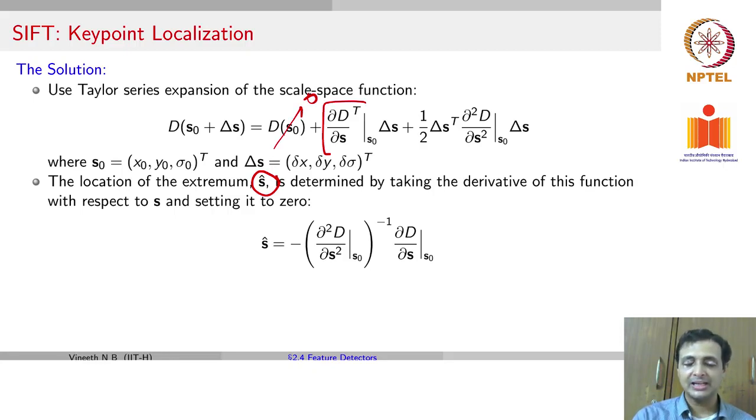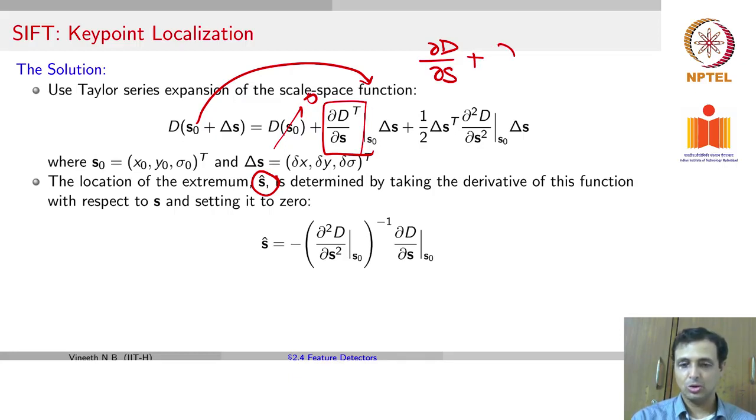Remember the gradient is evaluated at S0, so that would be a constant with respect to delta S. So if you differentiate this Taylor series expansion, you'll end up having dou D by dou S plus dou square D by dou S square delta S is equal to 0.